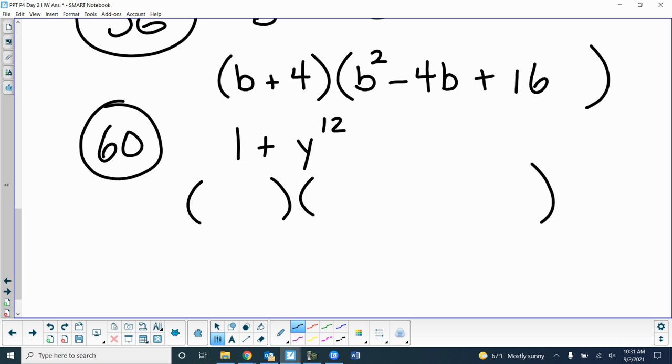What's the cube root of 1? 1. Plus, because that's plus. What's the cube root of y to the 12? y to the 4. Yes, y to the 4. You just, again, divide that exponent by 3. Wendy, what's in the middle? Or what's in the trinomial? 1 to the second, which is 1. Good.